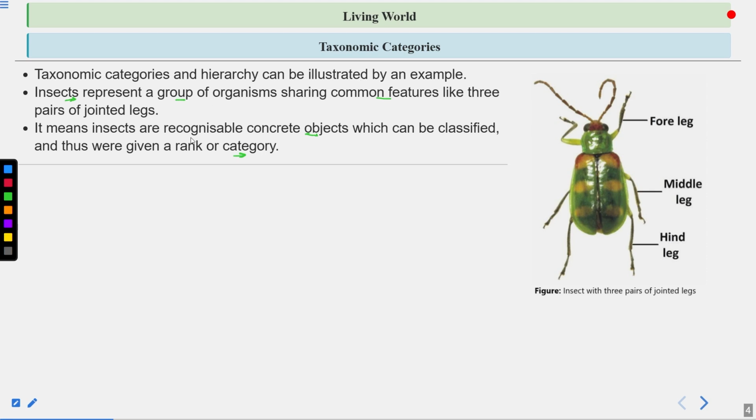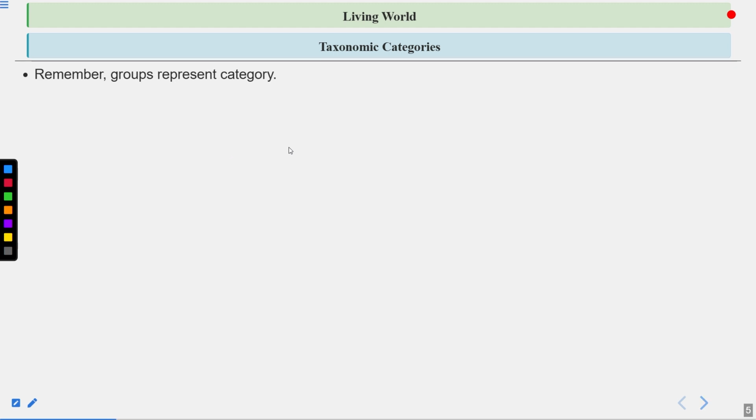So insects are recognizable concrete objects, and insects can be classified and thus were given a rank or a category, or a taxon, you can say. Remember, groups represent categories. The groups of the organism which are kept together based on the similarity represent a category, or they represent a taxon.